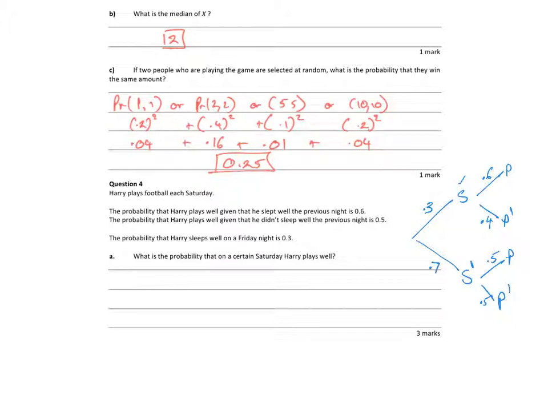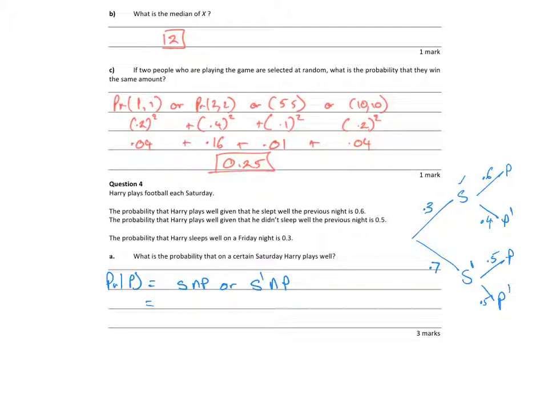What is the probability that on a certain Saturday Harry plays well? Okay, so to play well, let's undo that bit of it. Probability of play well, which is just P, is equal to sleep well and play well, or sleep bad and play well.